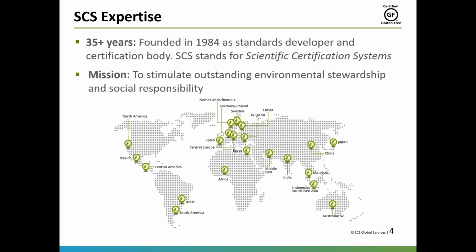So our mission is to stimulate outstanding environmental stewardship and social responsibility. As you can see, we're actually headquartered in Emeryville, California, but we have satellite offices and representatives all around the globe working with us.